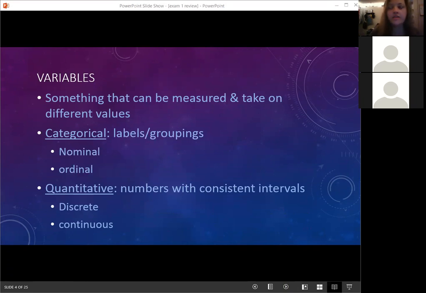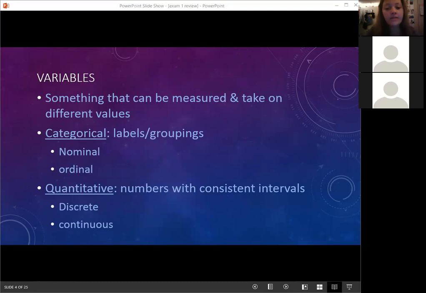These are flavors, car brands, any type of brand, really, just a different category. Those are nominal. And then ordinal means that they have to have some sort of order to them. That can be anything from class standings, or like elementary school, middle school, high school. Those are ordinal categorical variables because they have some sort of order in them.